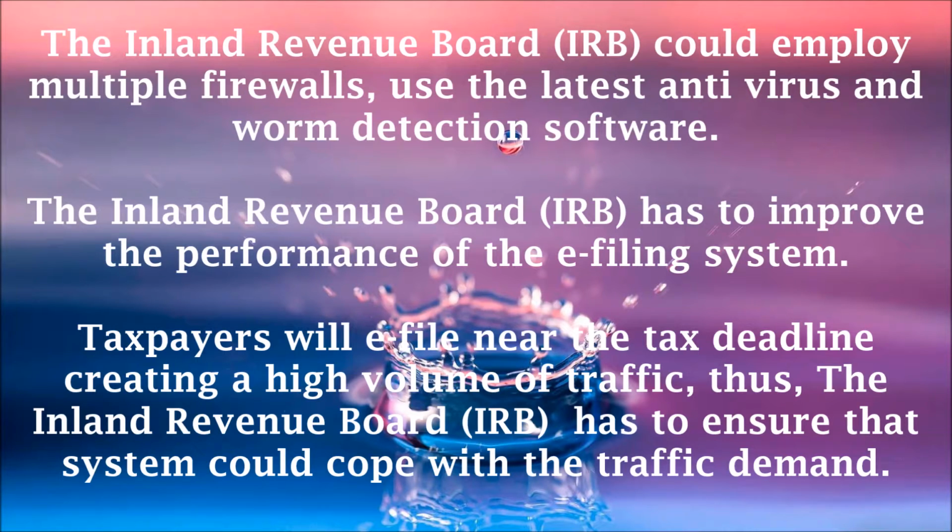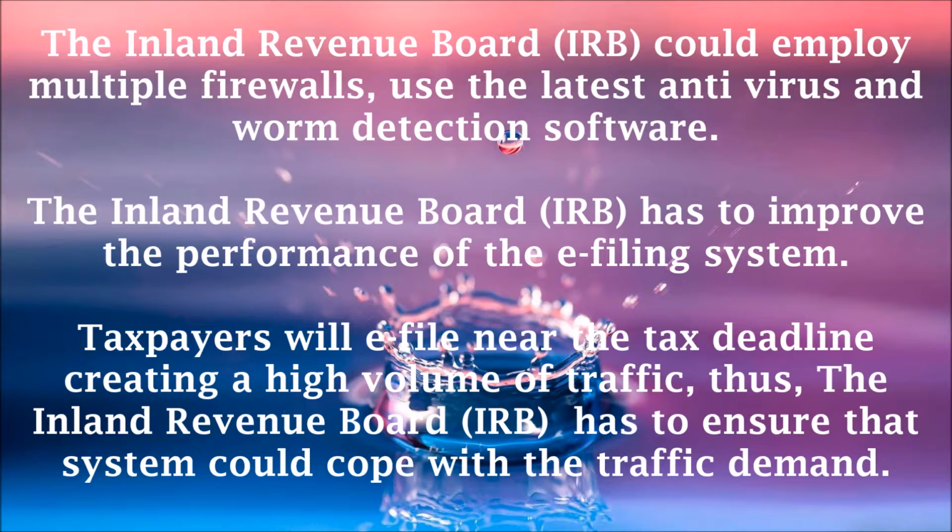Generally, when you can see the rate, it shows that the e-filing system actually serves accurate information to the respondents, and also its great functionality met respondents' requirements. So IRB needs to improve the performance of the e-filing system.